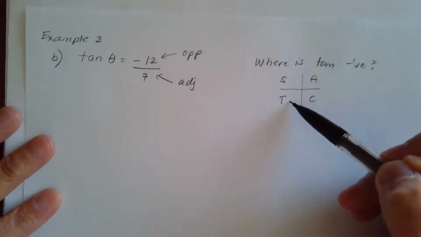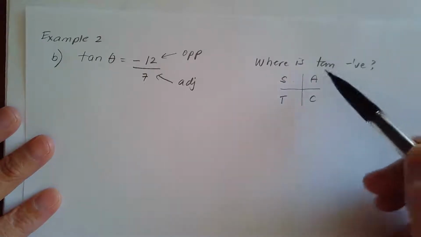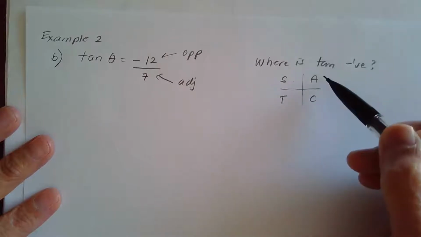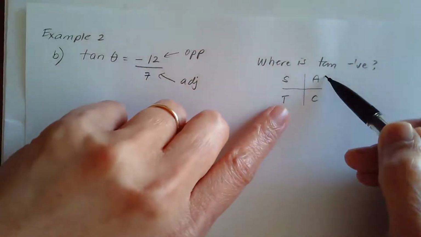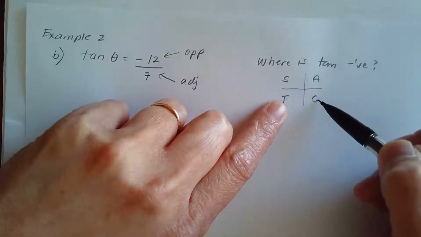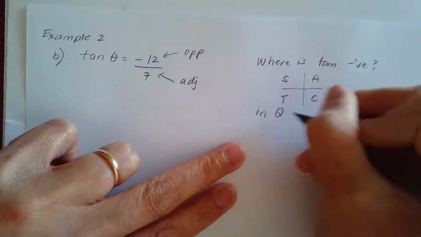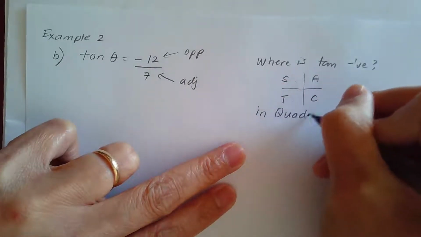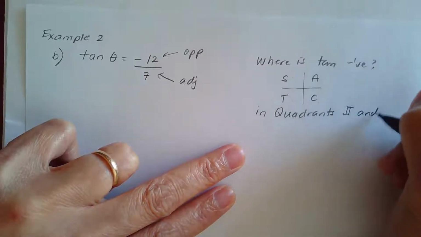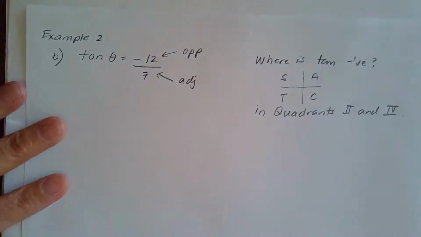Tan is positive in quadrant 3. And then only cosine is positive in quadrant 4. Where's tan negative? Tan is positive in quadrants 1 and 3, so tan is negative in quadrants 2 and 4.